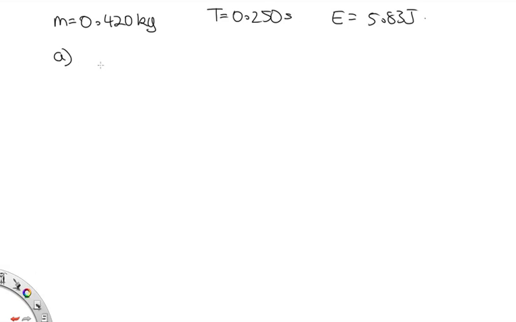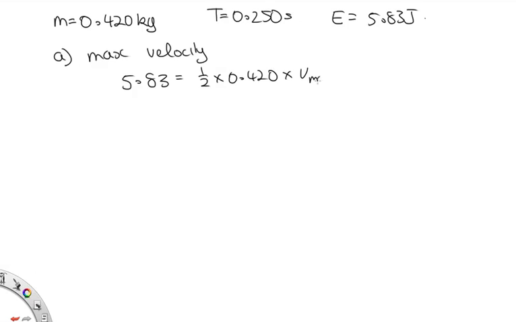Part A asked us what's the maximum velocity. That will be when all the energy is stored as kinetic energy. So it'll happen when we have 5.83 is equal to a half m v squared. M is 0.420 and v max squared is what we're trying to find.